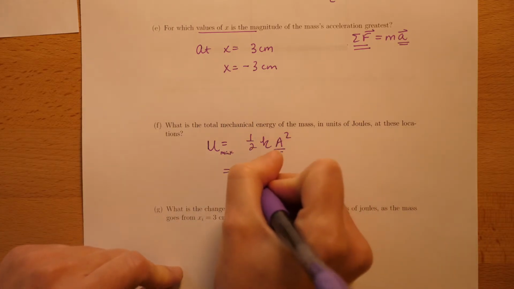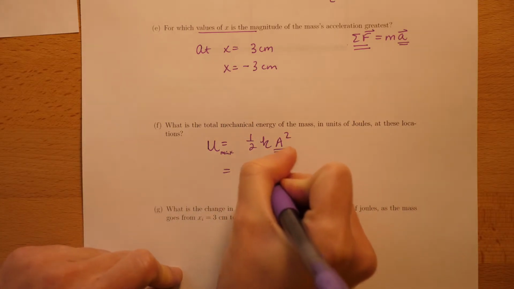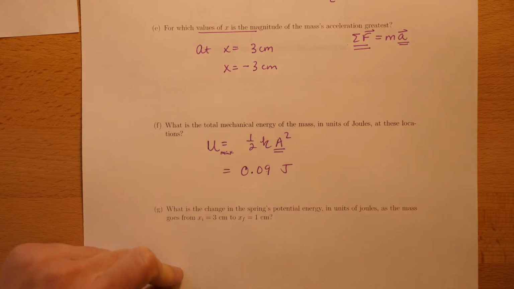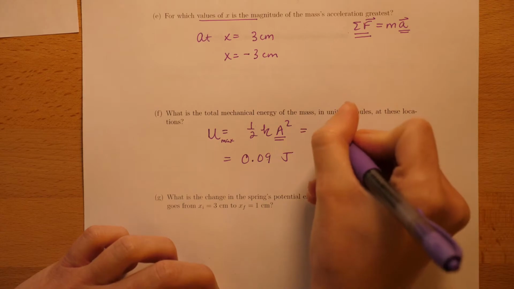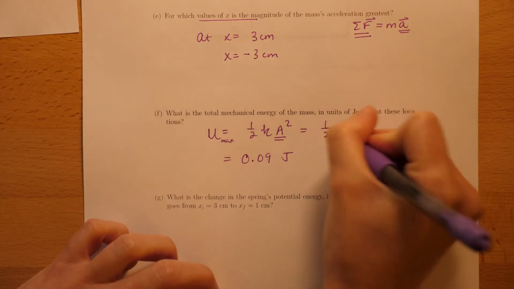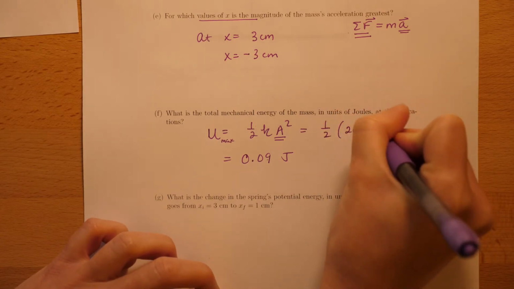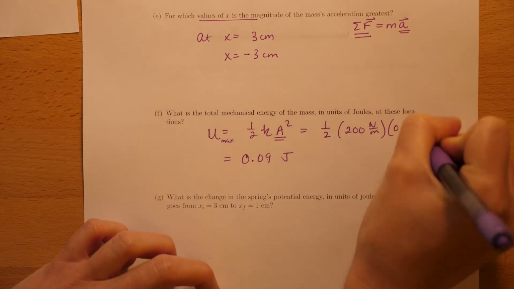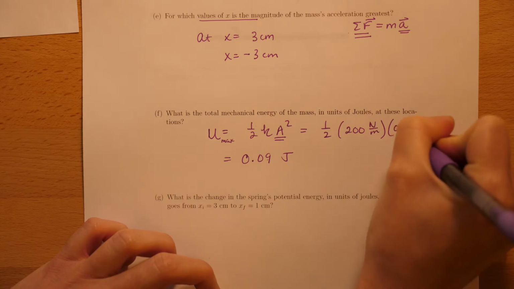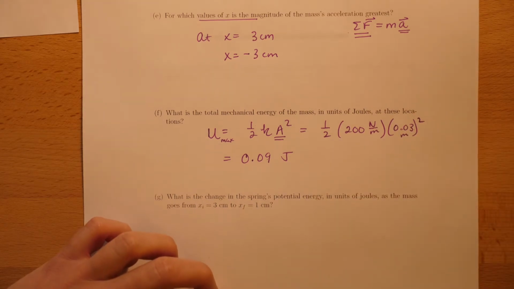If we plug in numbers, we get 0.09 joules. Just to be clear, 1/2 k was 200 newtons per meter, and A was 0.03 meters squared.